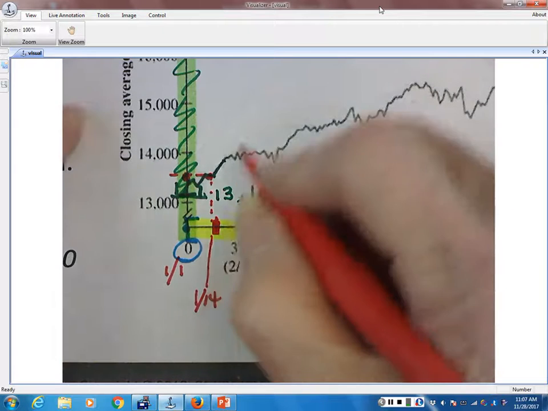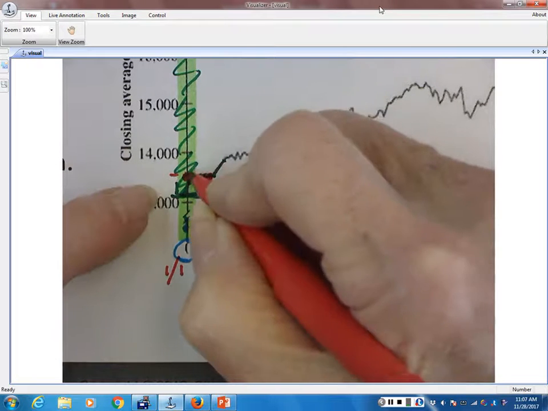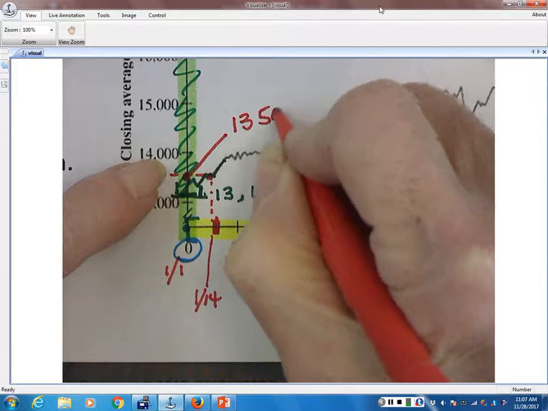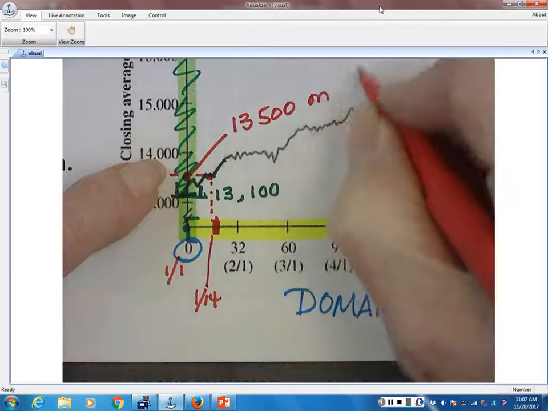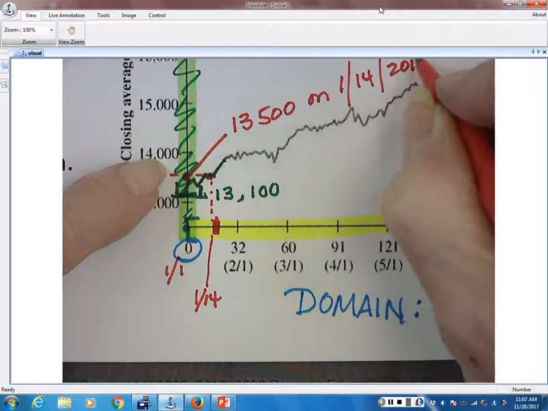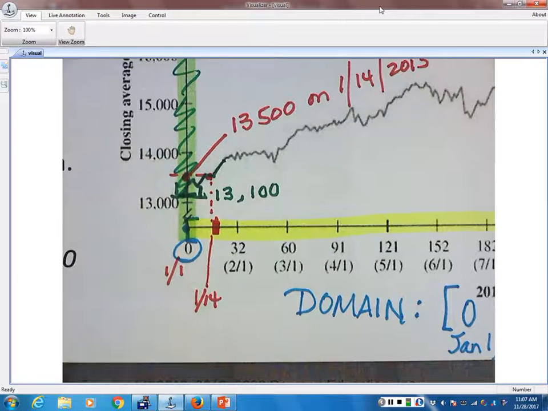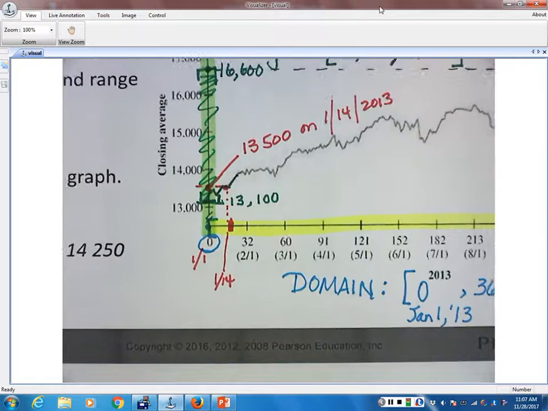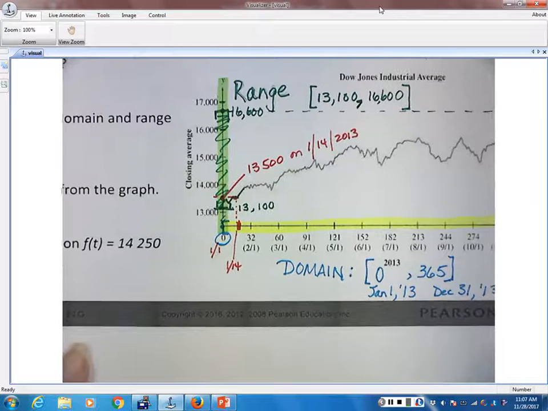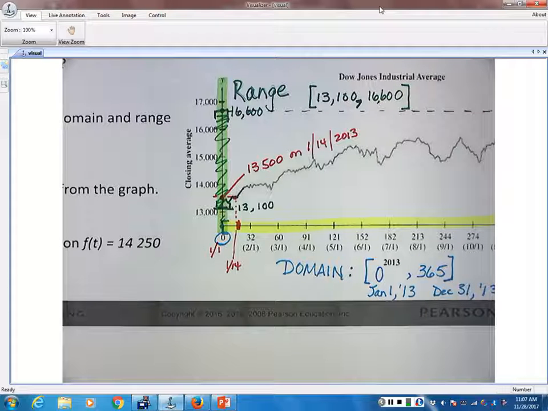So 13.5. So we think it was about 13.5 on January 14th. And again, we're estimating from the graph. So the answer is we think it's about 13,500.